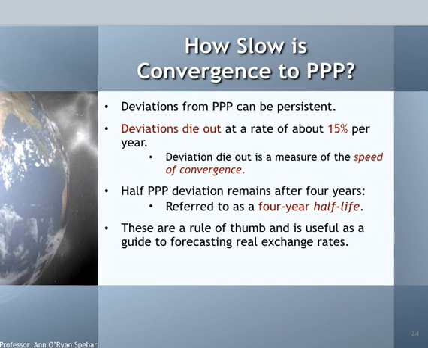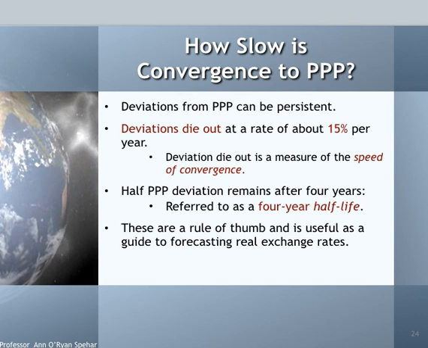Well, we find that the deviations in the exchange rate and in the inflation differentials die out at approximately 15% per year. So the deviation is really a measure of the speed of the convergence that we expect to happen as a result of relative purchasing power parity.